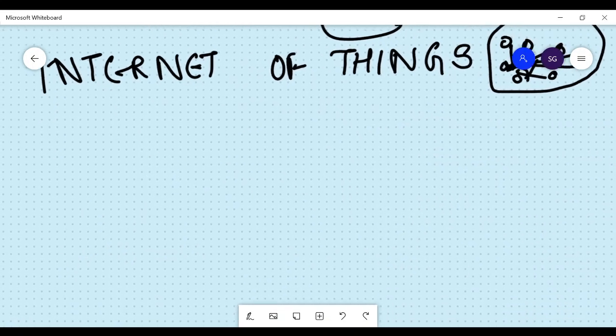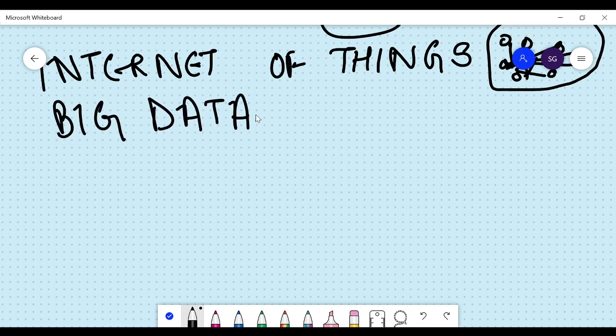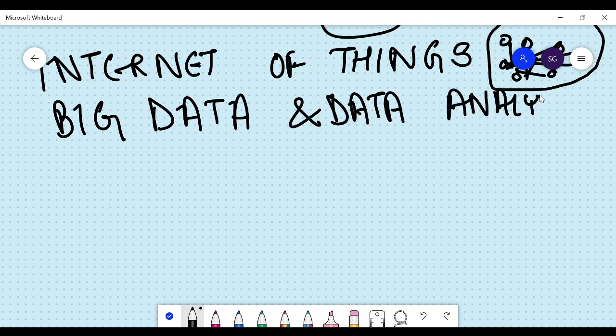Next topic, and a very important topic, big data and data analytics. Big data is a large collection of data that are available to organizations to analyze.